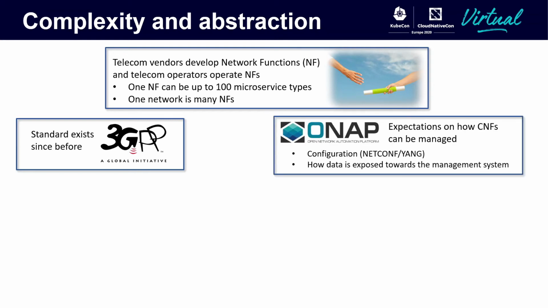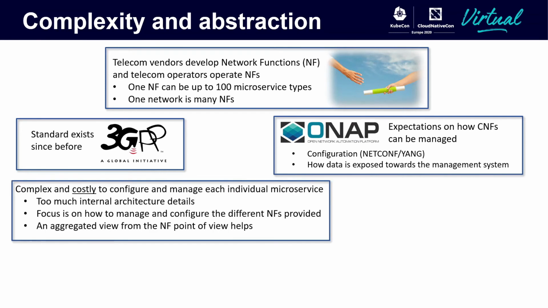Then, as Tamas already mentioned, we have ONAP that creates expectations on how the different CNFs should be managed. And that comes in different areas. One area is configuration management, by using netconf-yang, but also how different data is exposed towards the management system. This data can be performance management data, fault management data, or logs or trace as such.